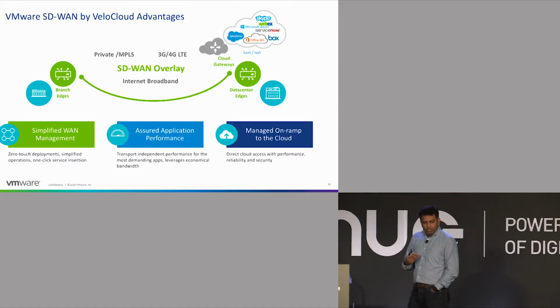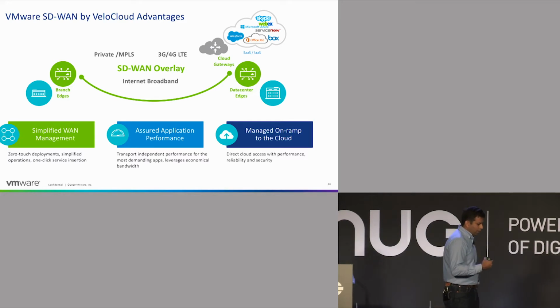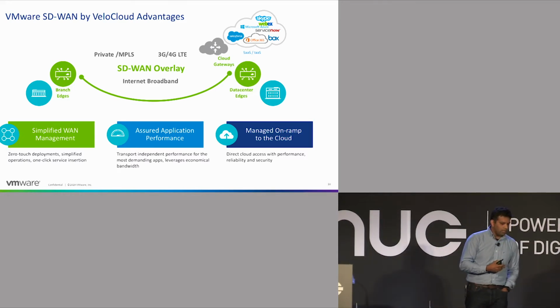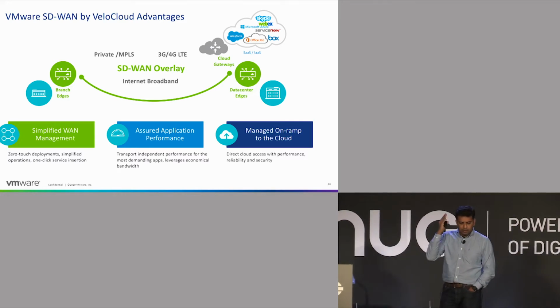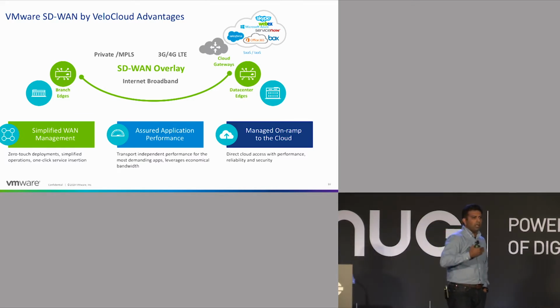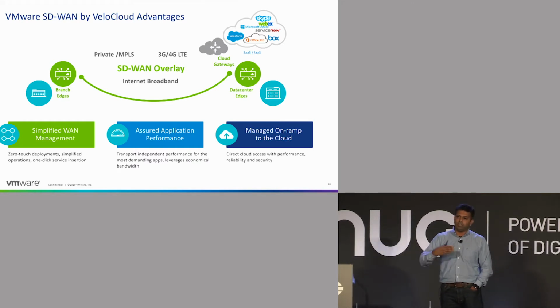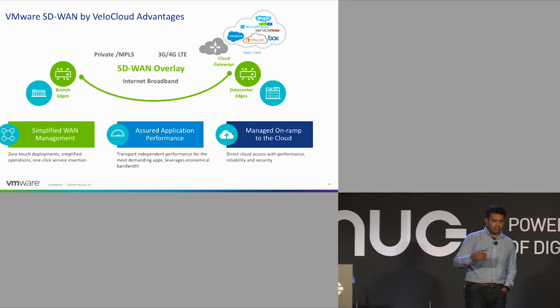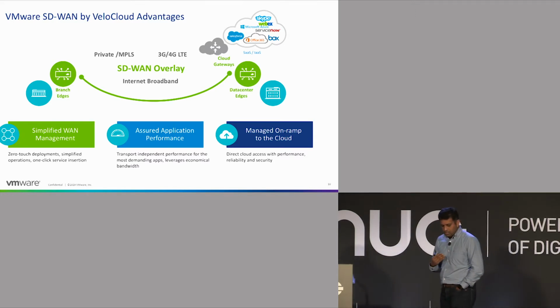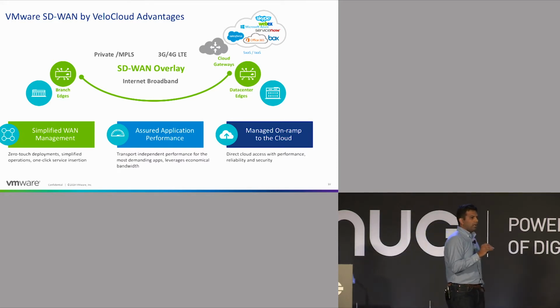So in terms of the VMware SD-WAN itself, right, we boil down to the following advantages. In the previous slide, we talked about certain important things that network administrators look for when they deploy or try to simplify their branch and data center networking, right? So the first thing is simplified WAN management, not just looking at, hey, how do I connect to a network management system?